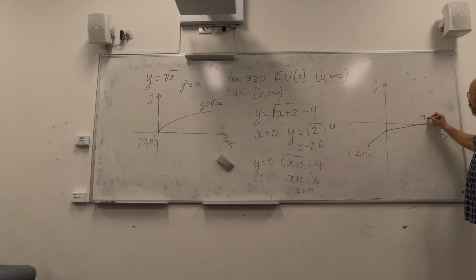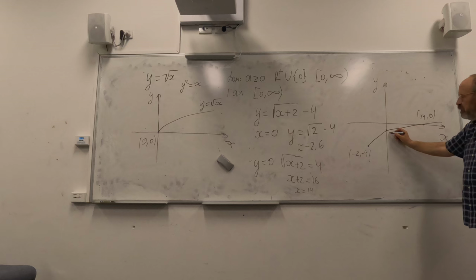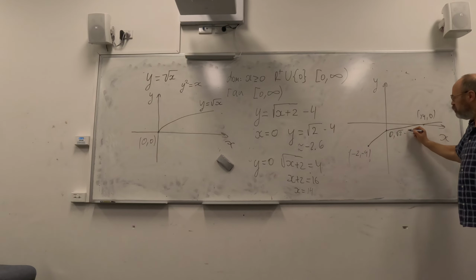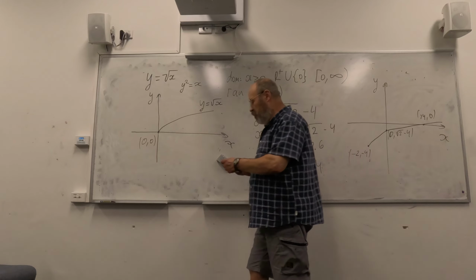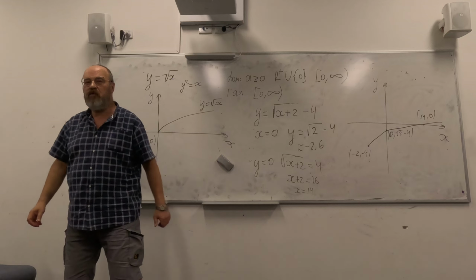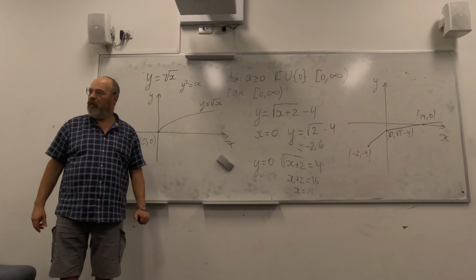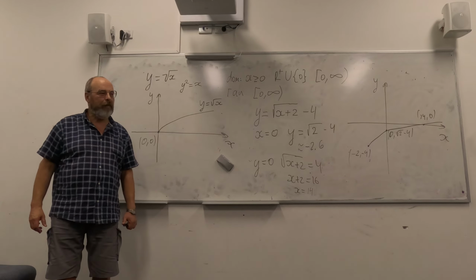This is 14, 0. This is 0, root 2 minus 4. So that is the graph of the square root of x plus 2, minus 4. Does that make sense? Yes, it makes sense.